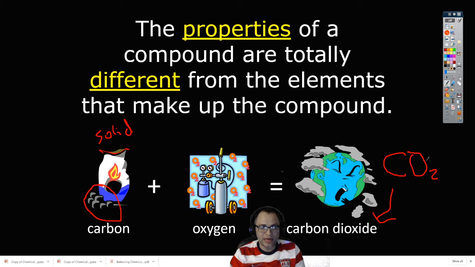And then you have oxygen, which in its natural state is a gas. When you combine these 2 together at the atomic level to make the compound CO2, you end up with carbon dioxide, which is a gas that exists in our atmosphere. So in this case, you can tell that the property of being solid was lost when this compound was created.